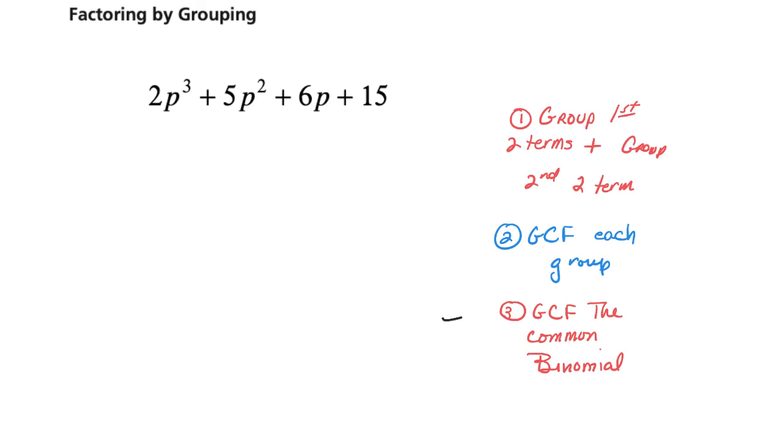We use this whenever we have four terms. If you look right here, we've got 1, 2, 3, 4 terms. The method is as follows. Group the first two terms, then put a plus sign, then group the second two terms. So your first step looks like this: 2p cubed plus 5p squared.